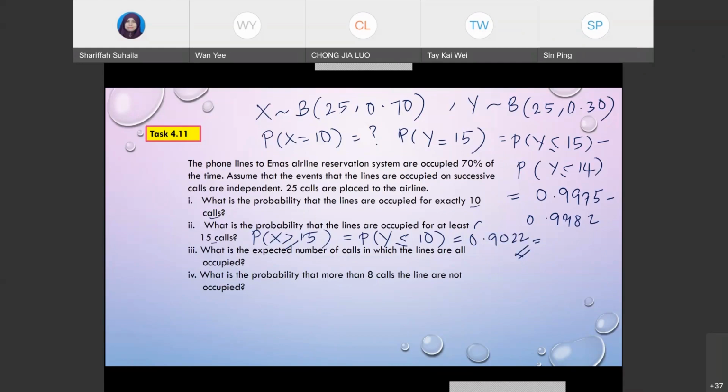Part 3, what is the expected number of calls in which the lines are all occupied? What is your answer? What is it asking for? Expected number, that means expected value.